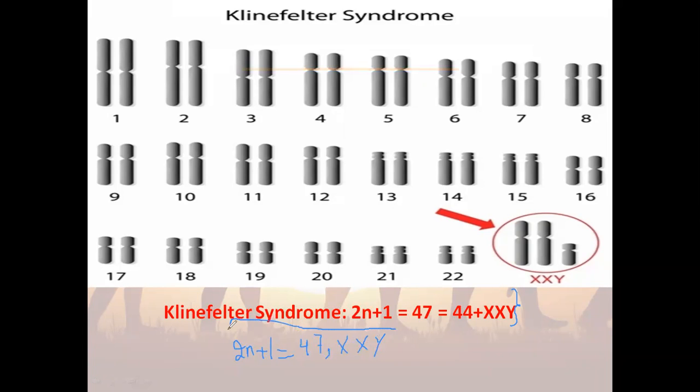Klinefelter syndrome affects only the sex chromosome. It's a gonosomal abnormality since it affects the gonosome, as shown here. So you have three sex chromosomes instead of two. Whenever the abnormality affects the gonosomes, it's called a gonosomal abnormality.